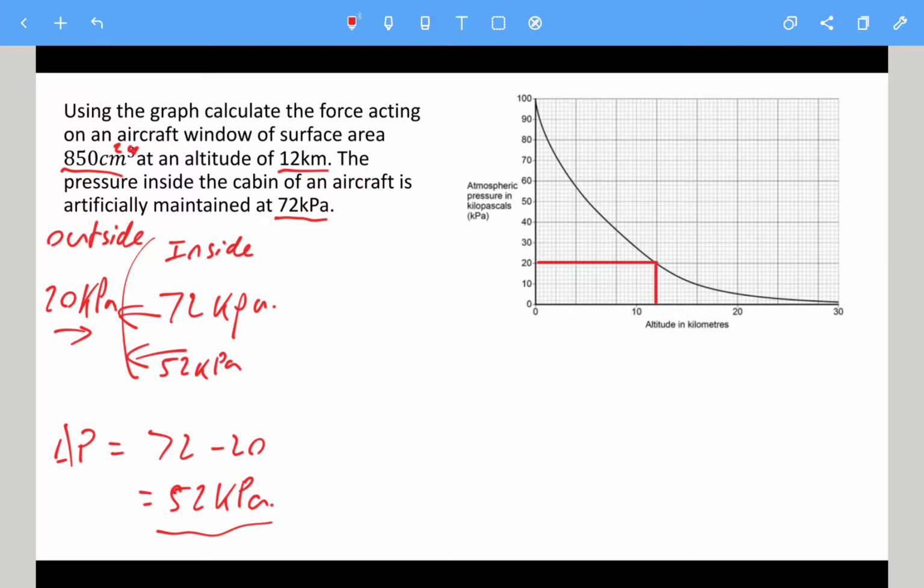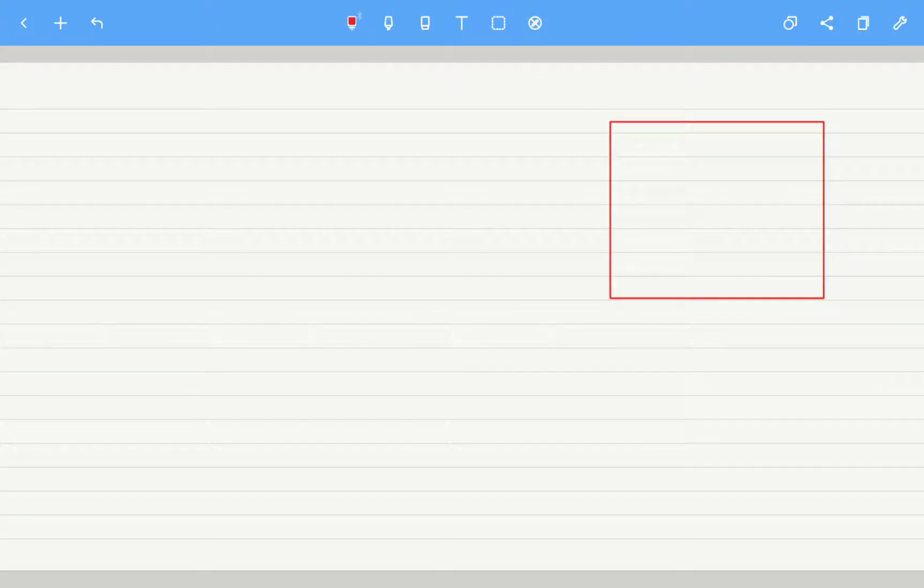If you remember from last time, I'll do this again in case you didn't see it. If you've got a square, 1 metre by 1 metre, that gives us 1 square metre. And if we did the same in centimetres, we'd have 100 centimetres by 100 centimetres, which gives an area equal to 10,000 centimetres squared. So to convert between centimetres squared to metres squared, we need to divide by 10,000.